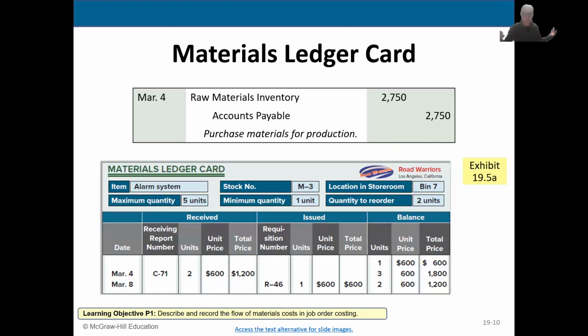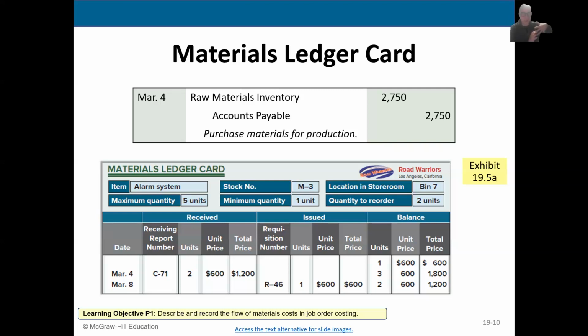Then a couple of days are going to go by, and my assembly line is going to need some of that raw material that I purchased. So the warehouse receives a materials requisition form saying, "Hey, I need 1 unit of this particular part, 4 units of this particular part, whatever." So the materials requisition form goes to the warehouse.